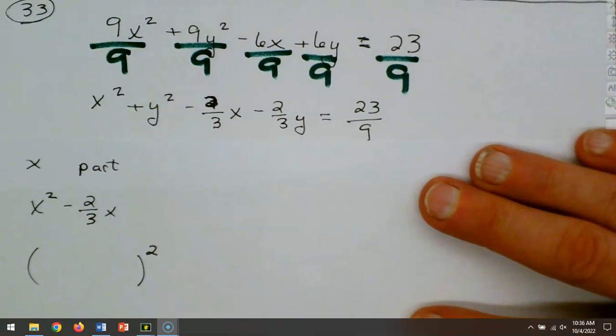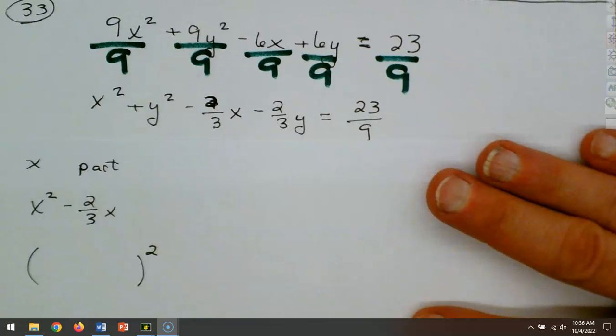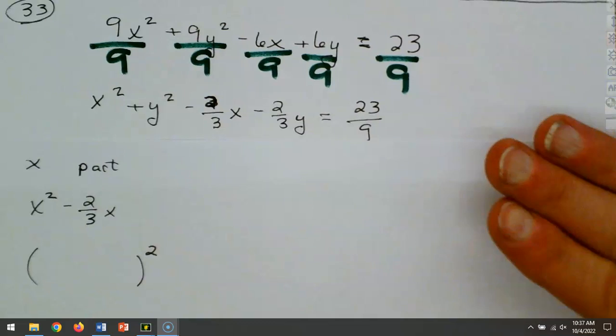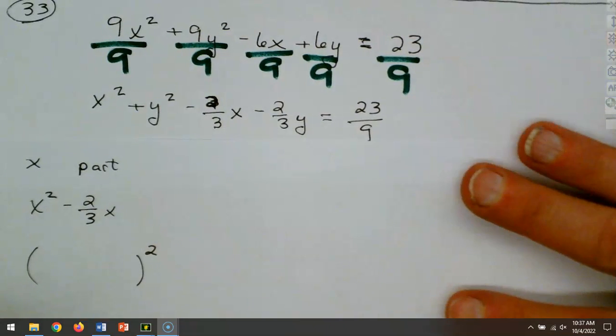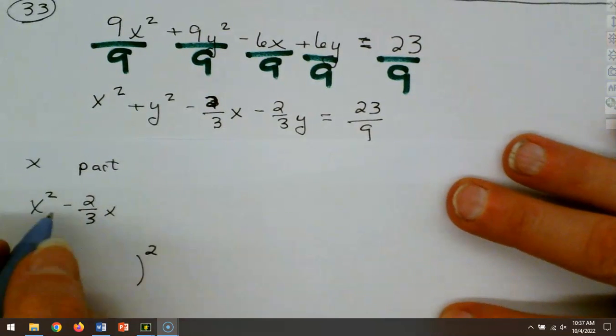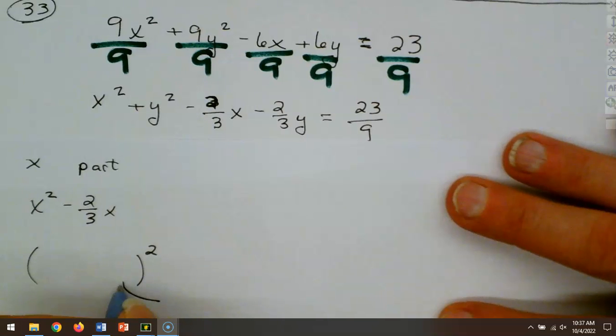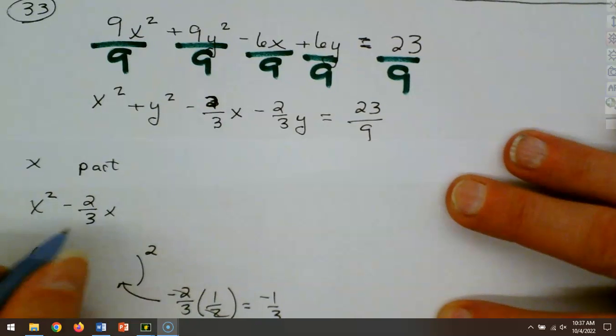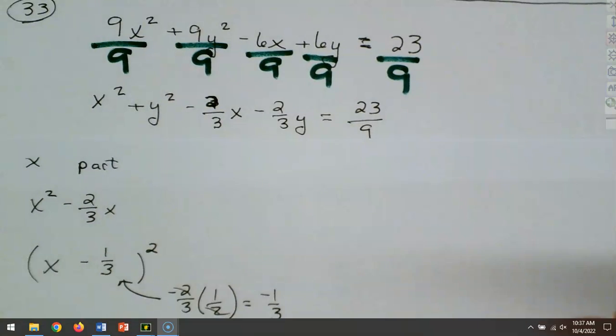Now, how do we half a fraction? Well, you half a fraction by multiplying it by half, right? So how do we half this fraction? We take that minus 2/3, multiply it by a half. 2's can cancel, so that leaves you with a minus 1/3. So that goes here as x minus 1/3.